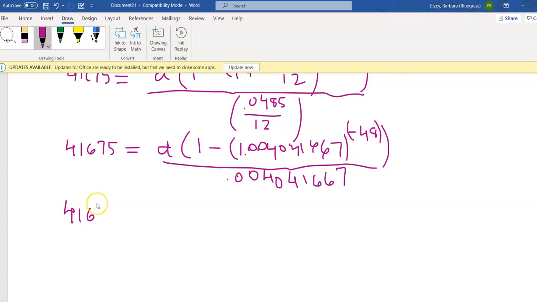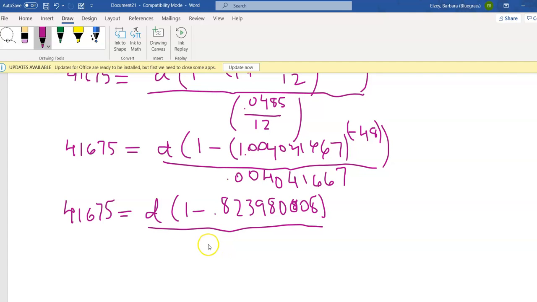So I'll get 1 minus 0.8239 0008, and all of that over this.